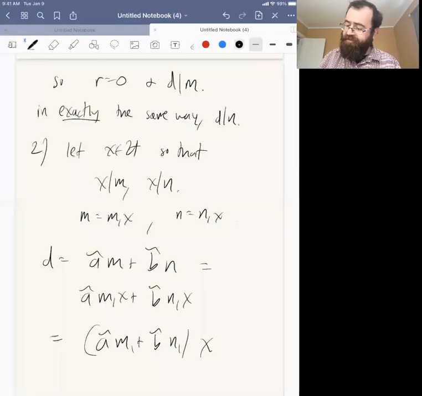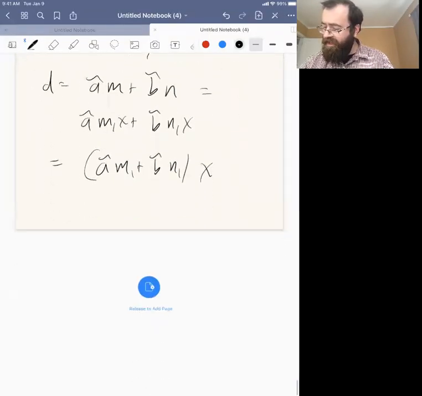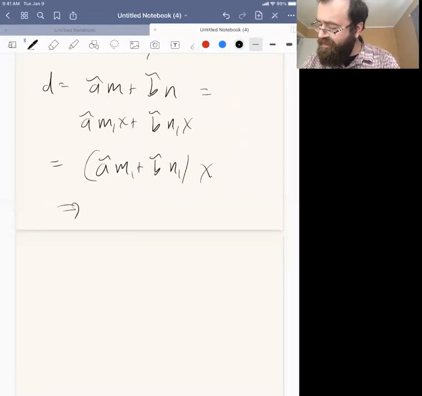But that's just a big way of saying that X divides into D, right? If I divide M and I divide N, if I can peel X out of both of those, then because this is a kind of combination of M and N, I can pull the X out and get that X divides D, right? So this is implying that X divides D.